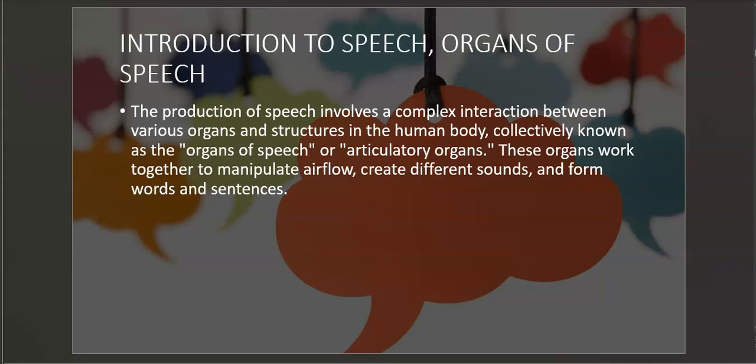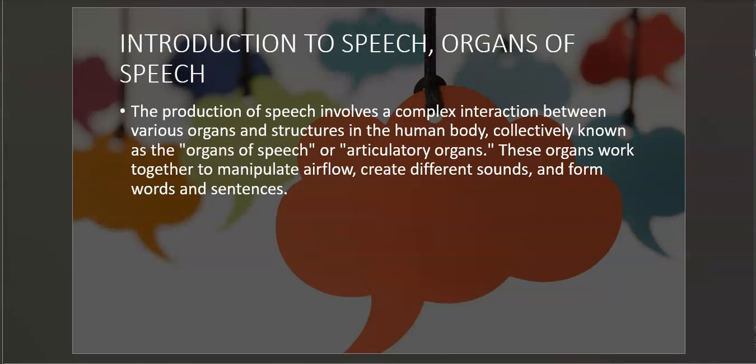So you see, when certain organs are put together, they are able to manipulate the airflow and create sounds that in turn form the words and sentences. Through the interaction of these organs, they're able to form the speeches that we deliver.